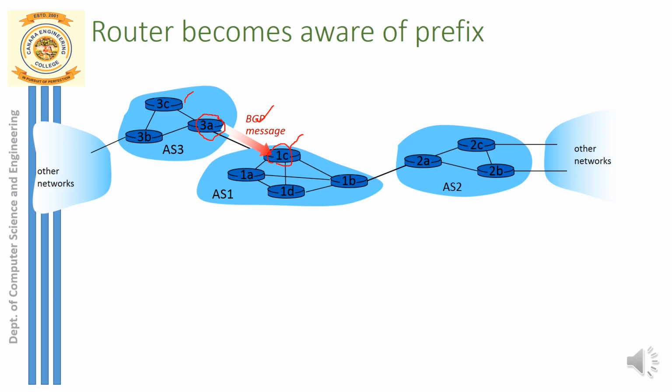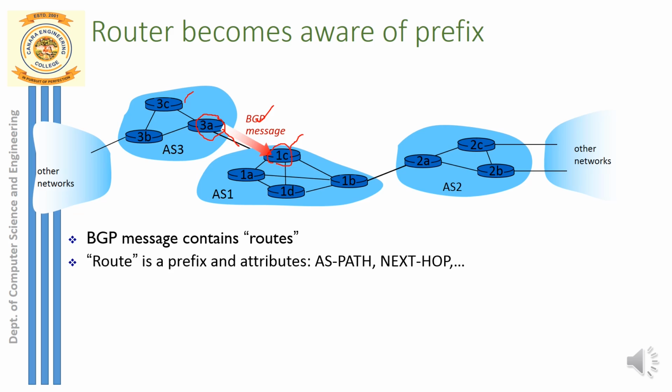So now 3A comes to know whether the packet should be sent to AS1 or not. Once border router 3A looks at the forwarding table, it can send the packet to the border router 1C. So that's how 1C can forward the packet to the destination if it belongs to AS1. So we can just see now what information is maintained within this BGP message.